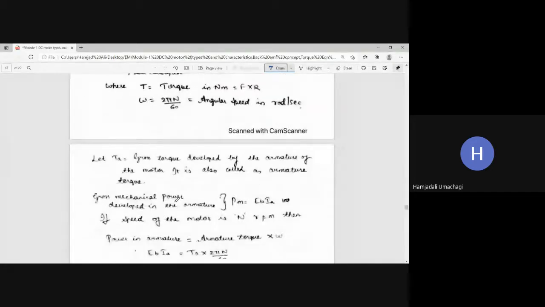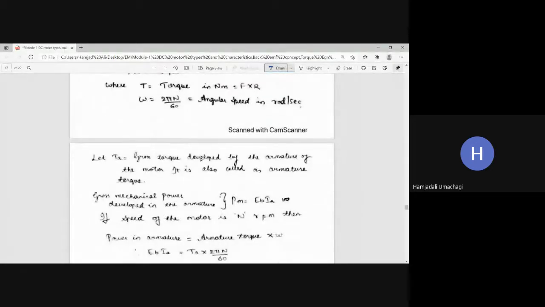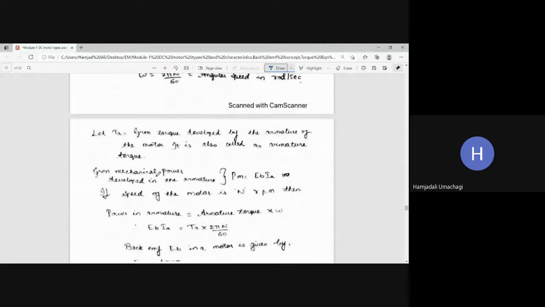Then let TA be the gross torque developed by the armature of the motor. It is called the armature torque. You know that a DC motor has the armature, right? And in that armature, it is going to experience a certain force. That force is going to develop the torque, which is nothing but the gross torque developed by the armature. This is denoted by TA.